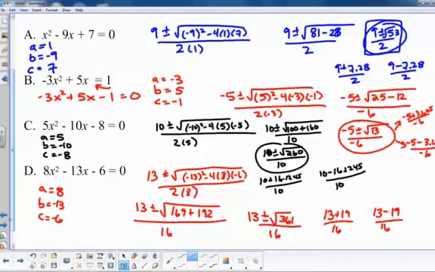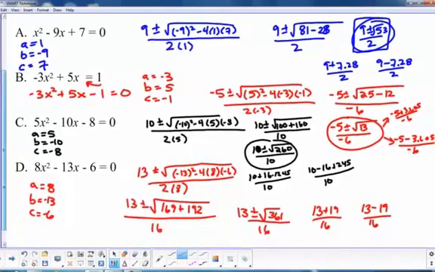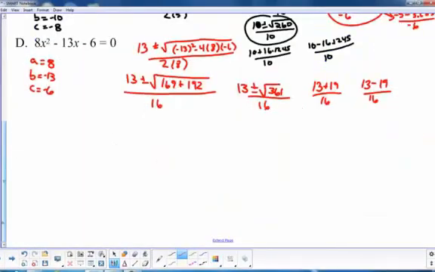So 19 plus 13 is 32, and 32 divided by 16 is 2. And then 13 minus 19 is negative 6, and negative 6 divided by 16, we should reduce that. Take a 2 out of both, negative 3 over 8.